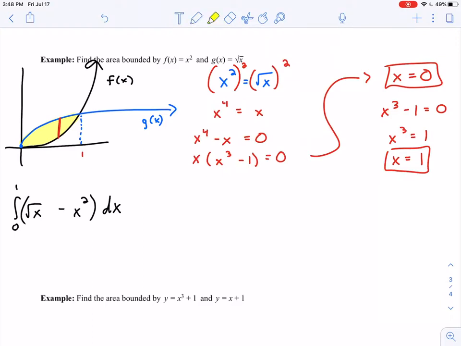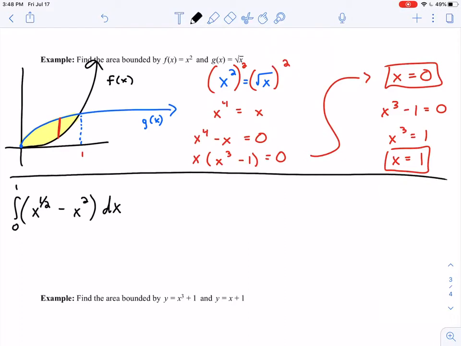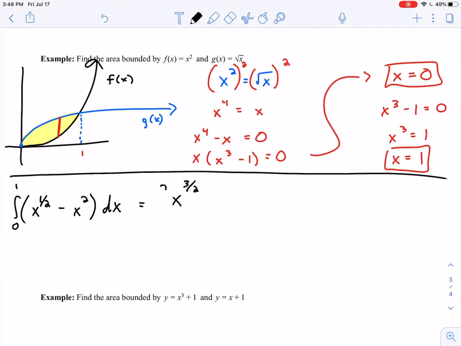So I'm just trying to evaluate this definite integral. And I know I'm going to want to integrate square root of x, so let's just write that as x to the 1/2 right away. So let's see, I want to find my antiderivative first. That would be x to the 3/2 power multiplied by the reciprocal, which gives me 2/3.